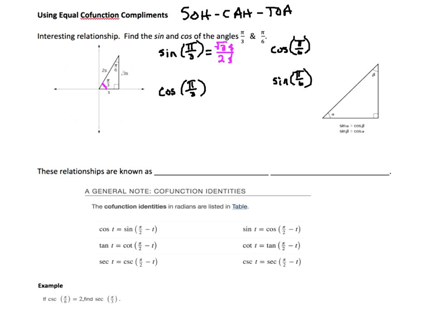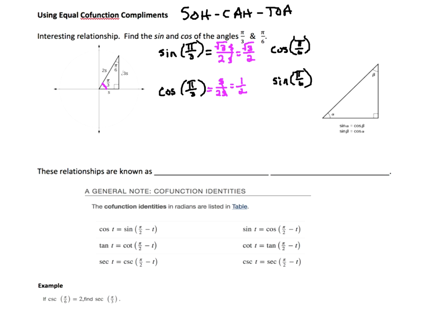My s's divide out, and I get square root 3 over 2. The cosine of pi over 3 is the adjacent, which is s, over the hypotenuse, which is 2s. My s's divide out, and I'm left with 1/2.